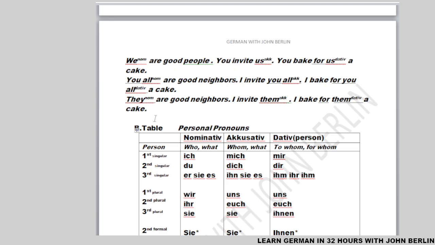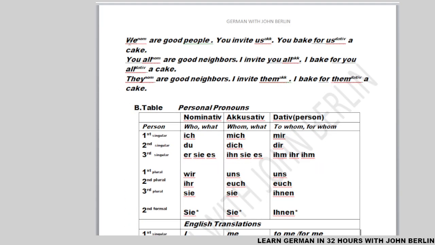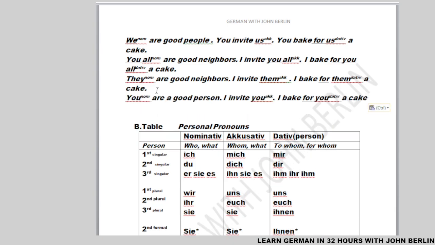Now the last sentence. The same sentence we made earlier for du, we could repeat. For example, you are a good person, I invite you and I bake for you a cake. Earlier I had spoken in the informal way. By default, du is informal. Now you want to make it formal.